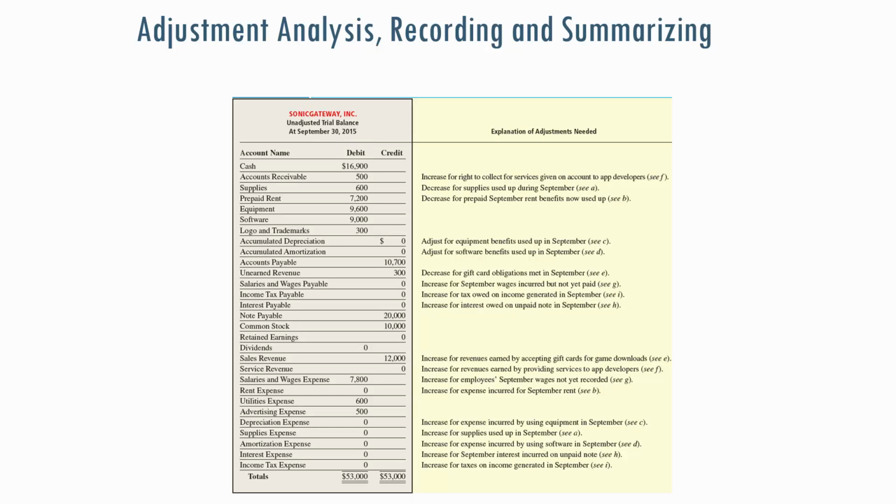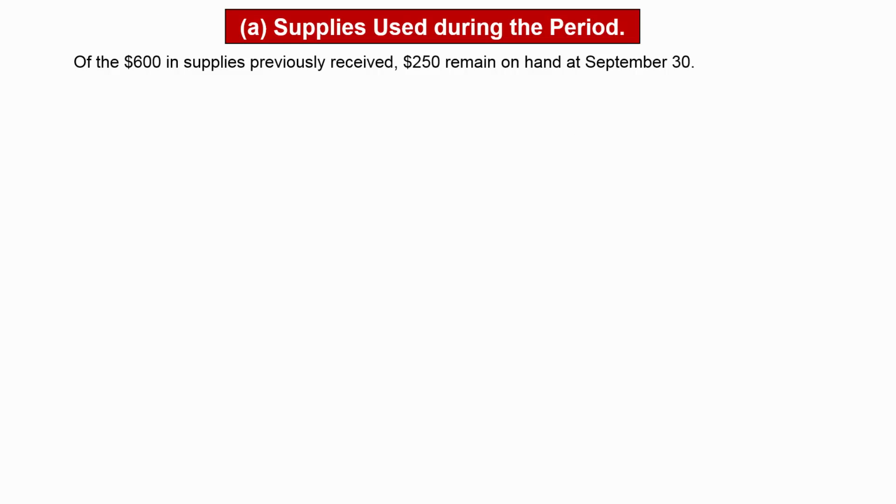So one of the first things you do is look at the unadjusted trial balance and determine, do I need to make some adjusting entries? They have these captioned with letters, so it's an A here. They say, of the supplies we previously received, we have 250 on hand at the end of the month.